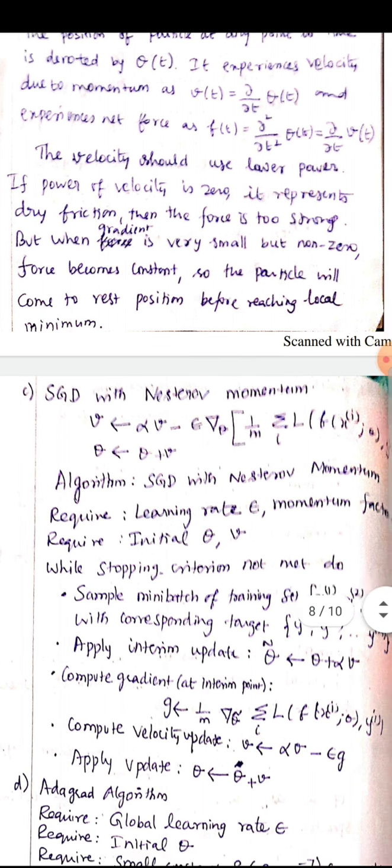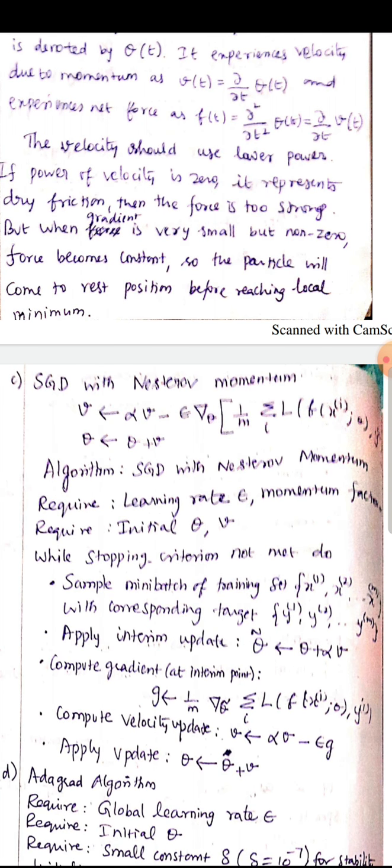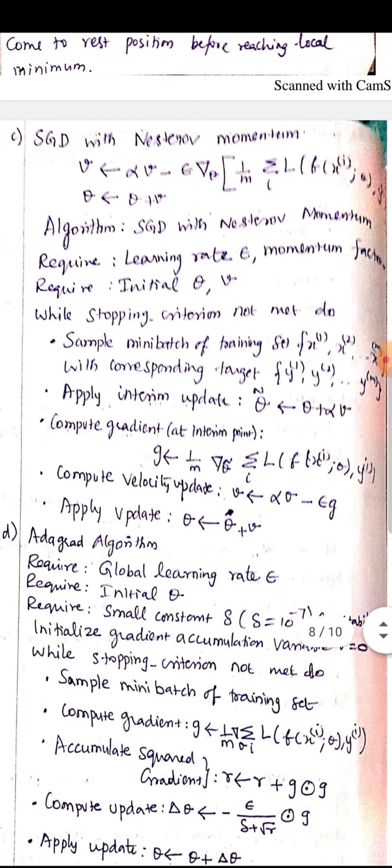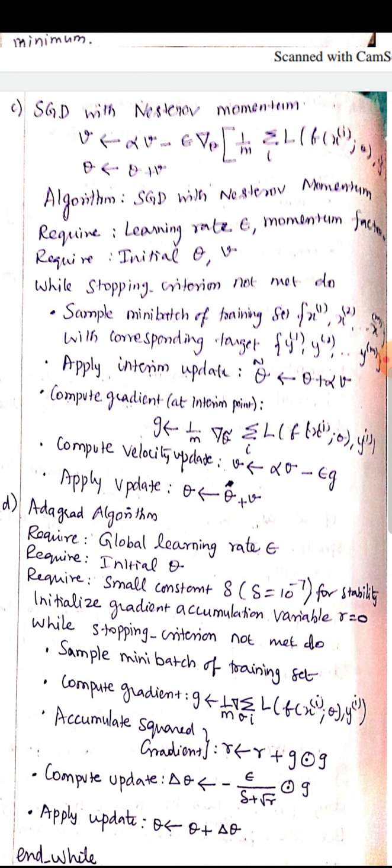So to overcome that point, the next kind of optimization algorithm was developed, called SGD with Nesterov momentum. In SGD with the Nesterov momentum, all the stages are going to be the same.